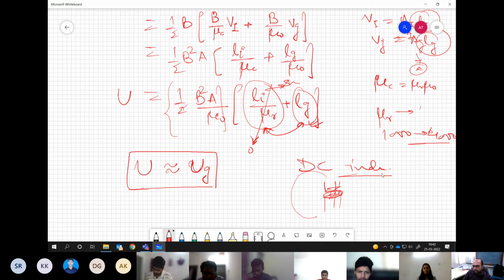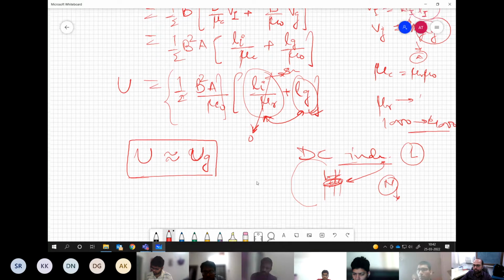So for DC inductors, we try to have a small gap so that the number of turns requirement comes down heavily for achieving the same inductance value. You understand my point? Yes, sir. Fine?